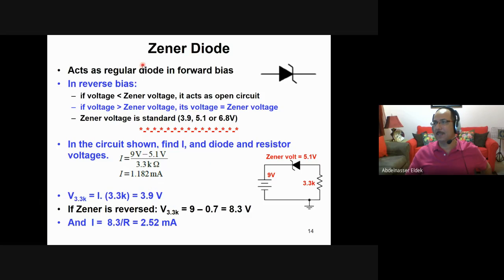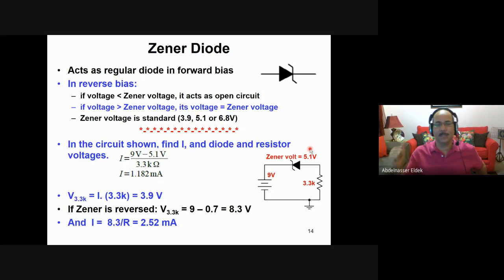So let us see what the Zener diode is. The Zener diode is very similar to the regular diode. The only difference is that in the reverse mode, it has a certain voltage. It's not a breakdown voltage like in the regular diode. For example, in reverse, the voltage here is called, for example, 5.1 volt.